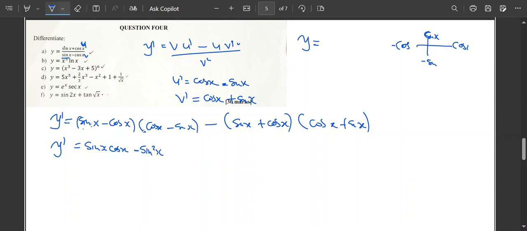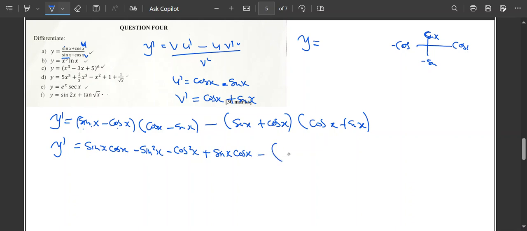Now we multiply cos times that, which is negative cos squared x. Then again, that times that will be plus sine x cos x. So I'm done there.